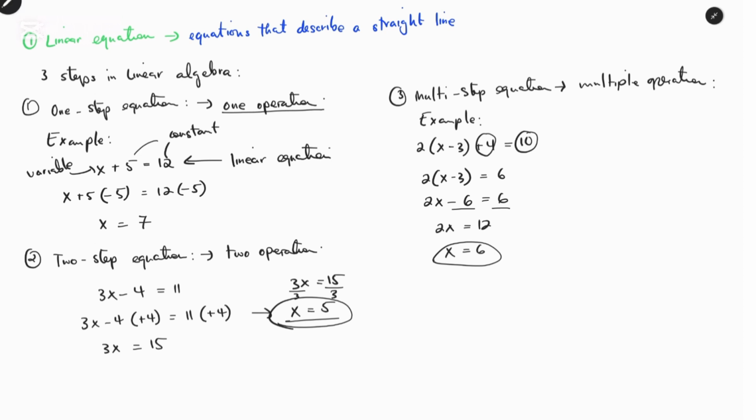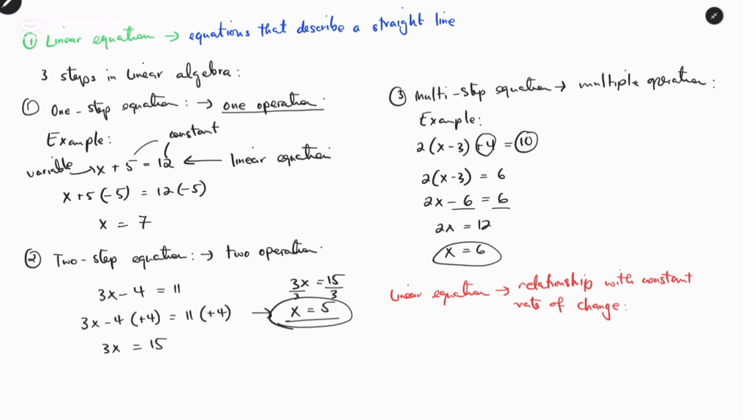And from all these equations, we can see that a linear equation is mostly used in algebra to describe a relationship with a constant rate of change.